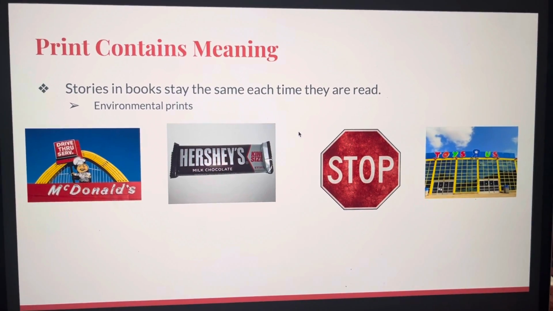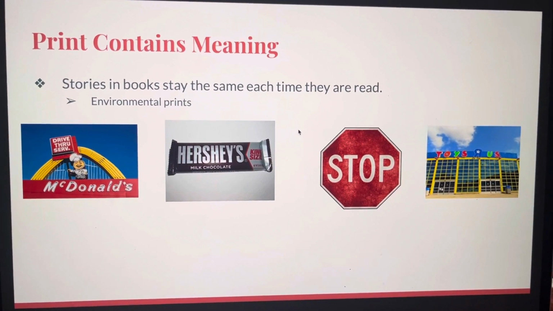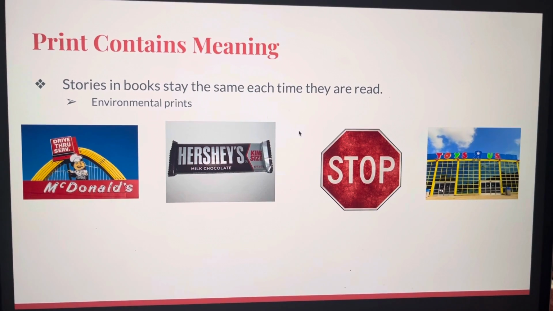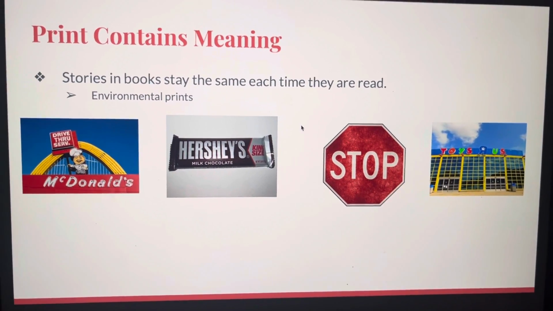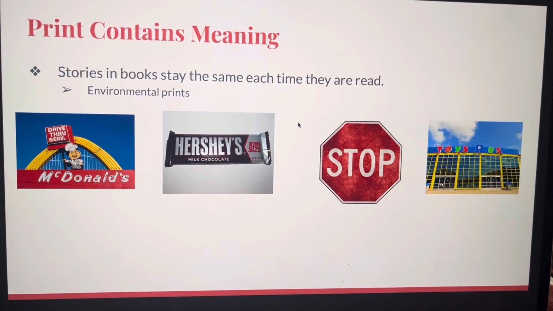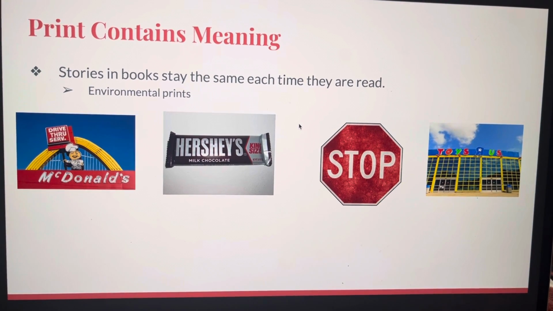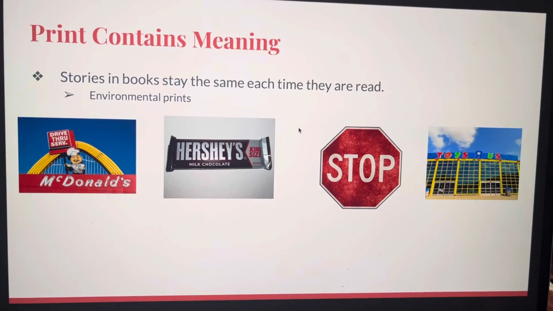Print contains meaning. Stories and books stay the same each time they are read, and environmental print does as well. Just like McDonald's stays the same, besides they have now updated, and it is not red and yellow anymore. They are more gray.